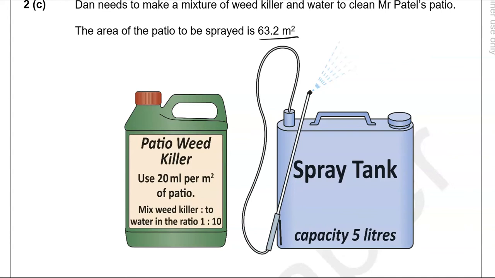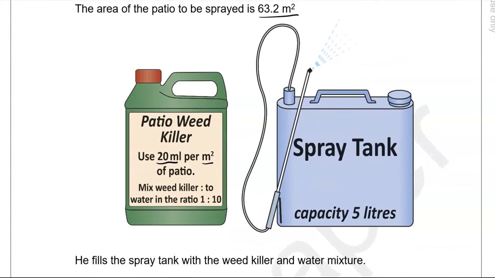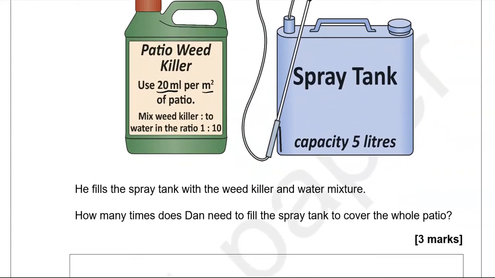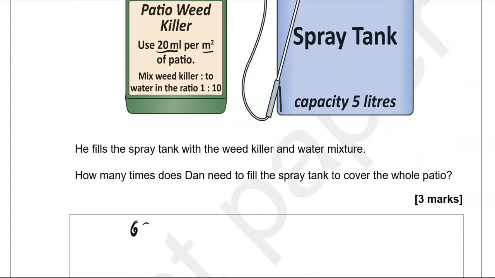We've got here the instructions which say use 20 milliliters per square meter of patio. So we're going to multiply 63.2 by 20, which gives us 1,264 milliliters.